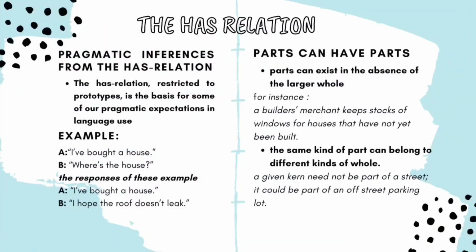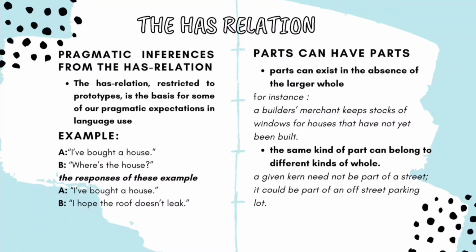Okay, next, pragmatic inferences from the has relation. The has relation restricted to prototypes is the base for some of our pragmatic expectations in language use. This can be seen in a switch from indefinite to definite article. A noun phrase that first brings something into a conversation is usually indefinite, for example, marked by means of an indefinite article a or an.